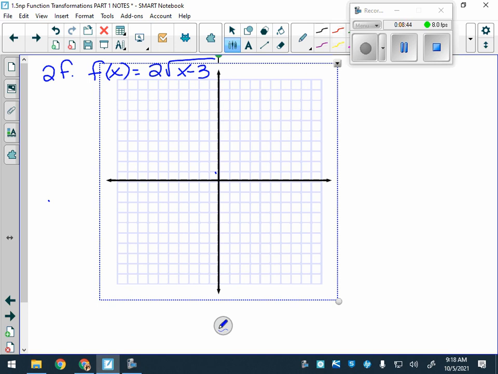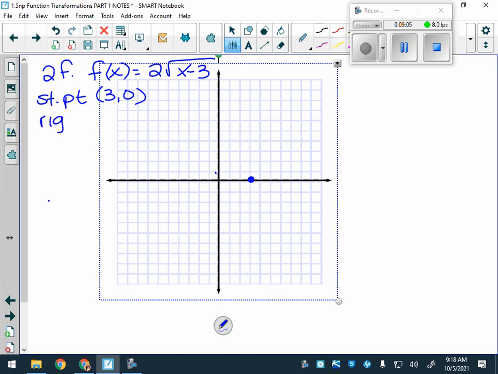Okay, what is our starting point? 3, 0. So 1, 2, 3, 3, 0 is our starting point, which is also our HK, which means we move to the right 3.